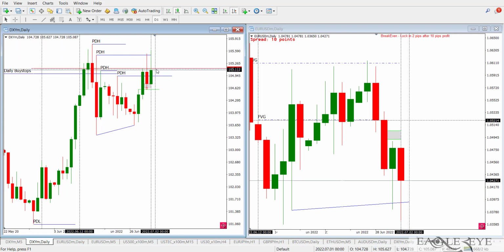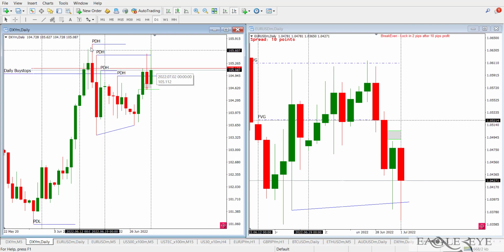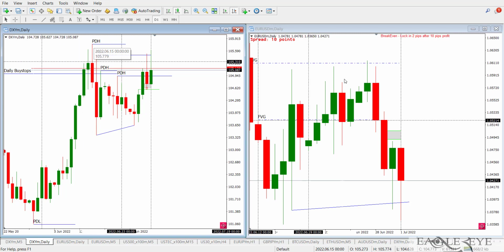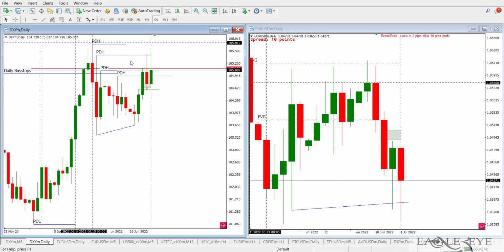So I'm still looking at price reaching into this high. I don't want to call the turning point of the market. It hurts very much. So I'm still bullish on the dollar until otherwise proven.